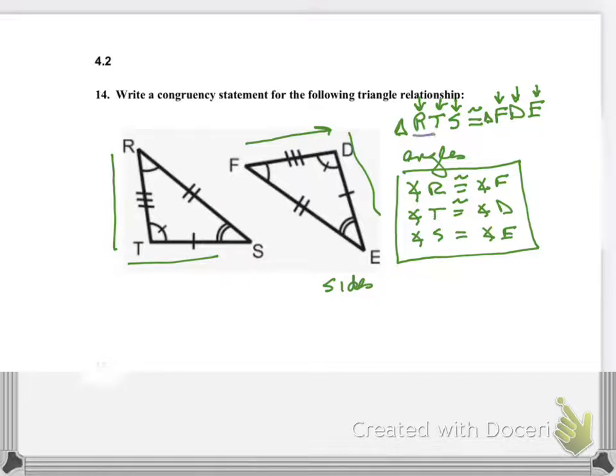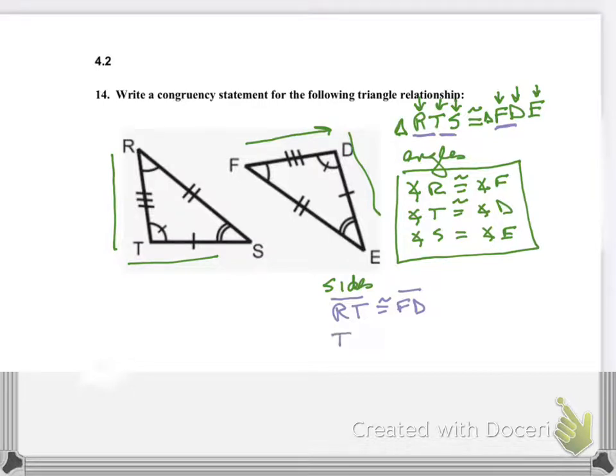Take your first pair, match it with your second pair. So sides RT is congruent to side FD. Put your line segment piece above it, because that's going to tell me that there are line segments, and that's what I want you to say. Okay, then go for the next set of pairs.